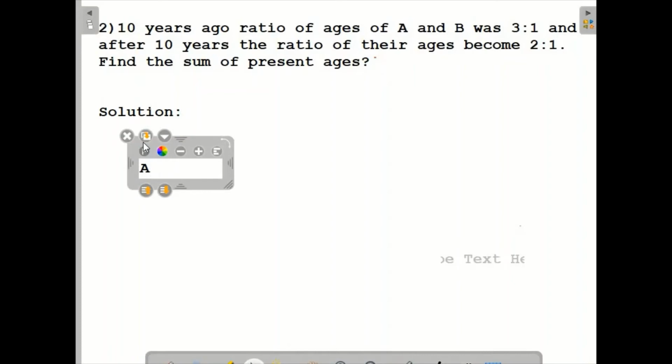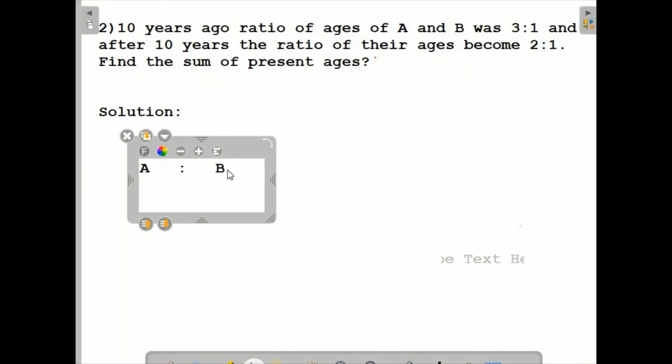So A and B: their ratio before 10 years is 3:1, and after 10 years it is 2:1. We have to find their age after 10 years. So we have the formula.